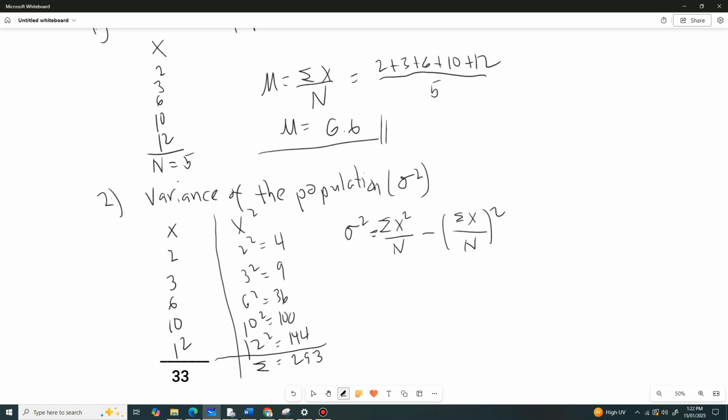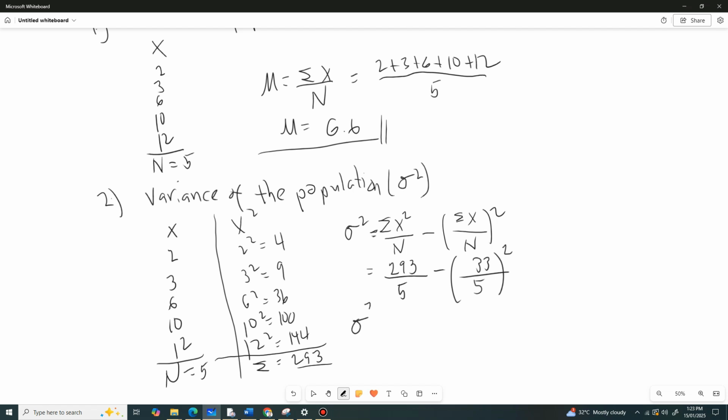This is the formula for the population variance. The summation of this column x squared, which is 293, divided by n, which is 5, minus open parenthesis the summation of x. So we get the total, 2 plus 3 plus 6 plus 10 plus 12, which will give us 33, divided by 5, parenthesis raised to 2.